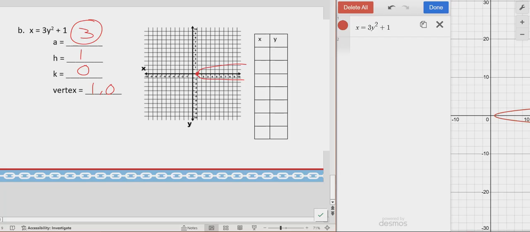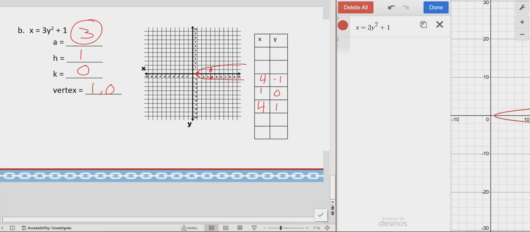We could enter some values of y on our own, right? So -1 squared is 1, times 3 is 3, plus 1 is 4. So this would also be 4. So 4 comma 1 should have a point here, and 4 comma -1.